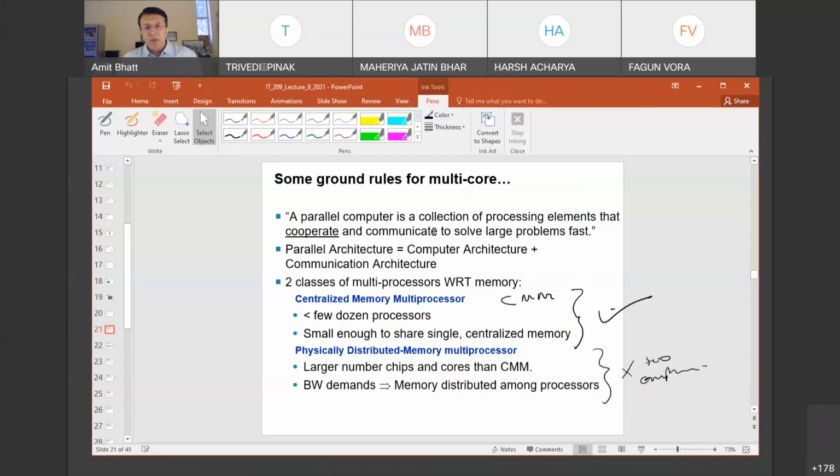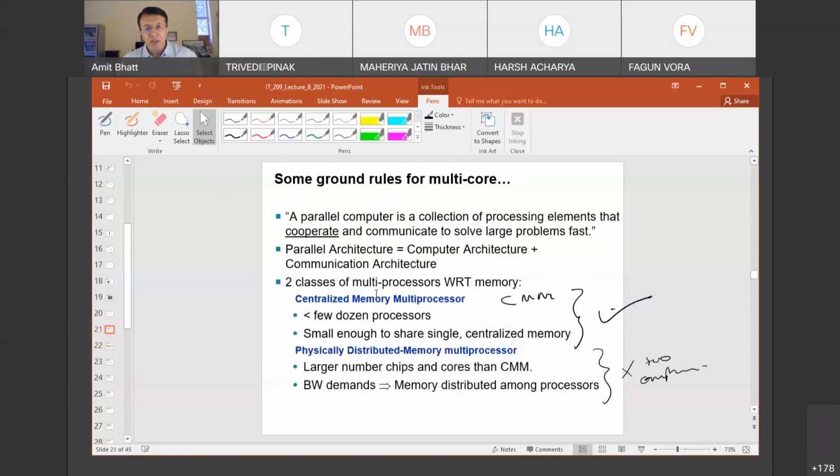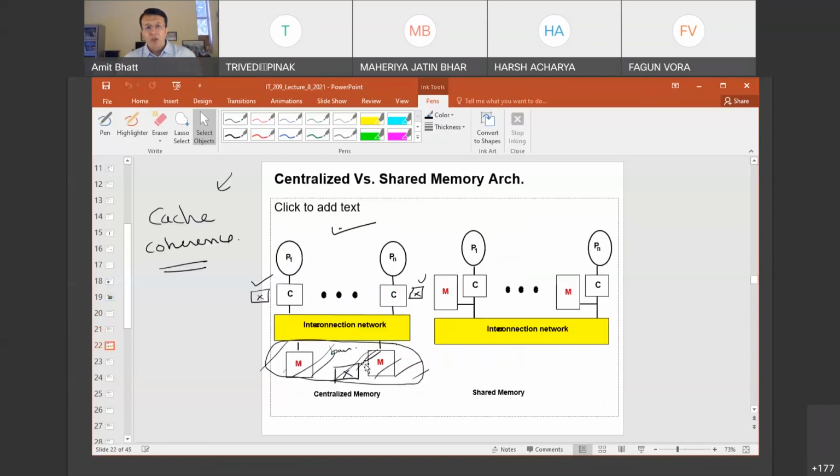So then we came down to actual multi-core processor. The first one we discussed was centralized memory multiprocessor, where you can use a few dozen processors, and second is physically distributed memory multiprocessor. So this is what you generally have.